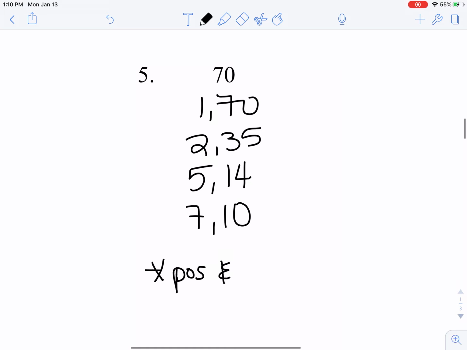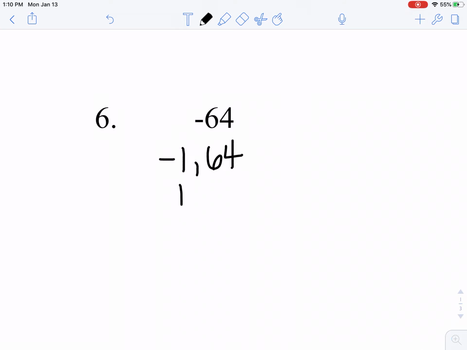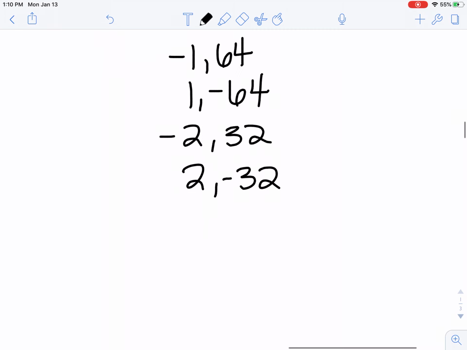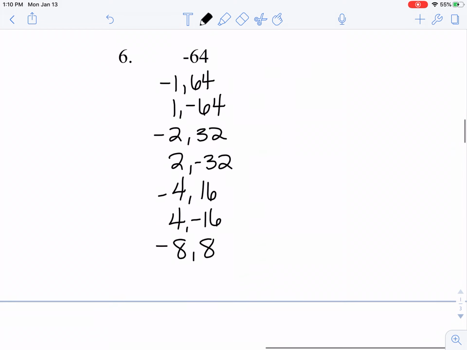So 70, we could have these be positive or negative. Since it's a positive number, all positive or all negative. And for -64, so here are my factor pairs for -64.